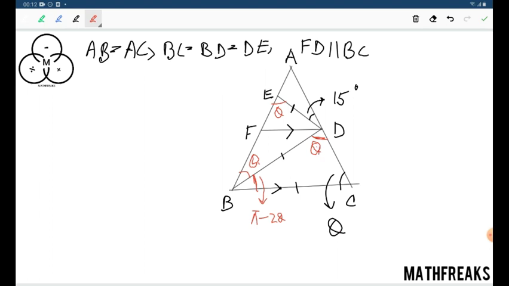Two angles are theta theta. Then theta theta pi minus 2 theta.